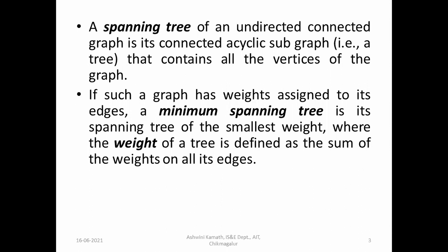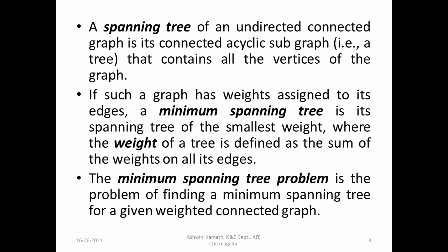Among those spanning trees, we have to select the one which has the smallest cost or smallest weight, that is, the low cost value. That is called the minimum cost spanning tree problem. The minimum spanning tree problem is the problem of finding a minimum spanning tree for a given weighted connected graph.